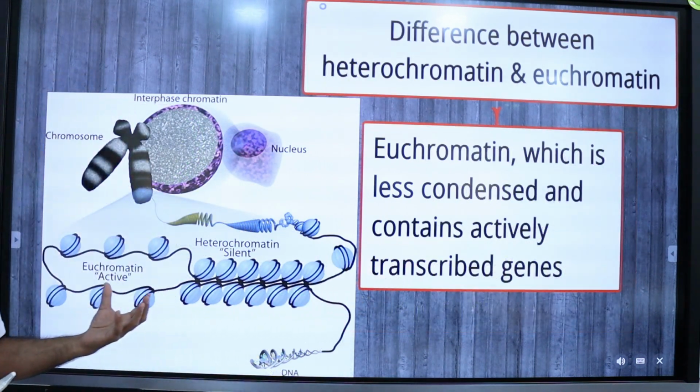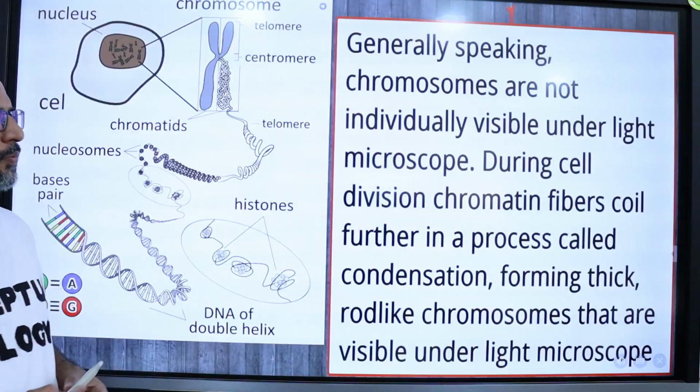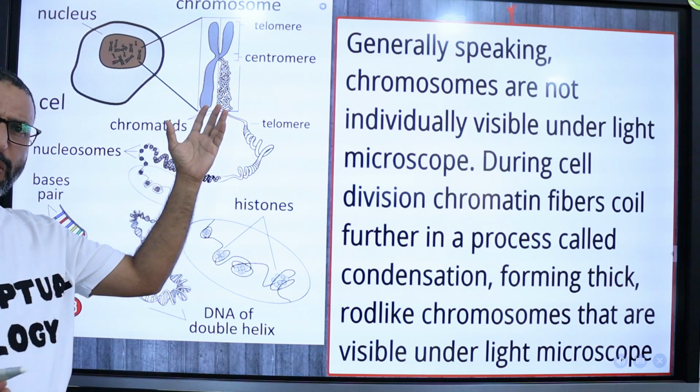Euchromatin is the less condensed part where the genes are active, and RNA is synthesized from DNA. So the transcription process takes place in euchromatin; mRNA is synthesized in the euchromatin region only. Generally speaking, chromosomes are not visible under a light microscope.